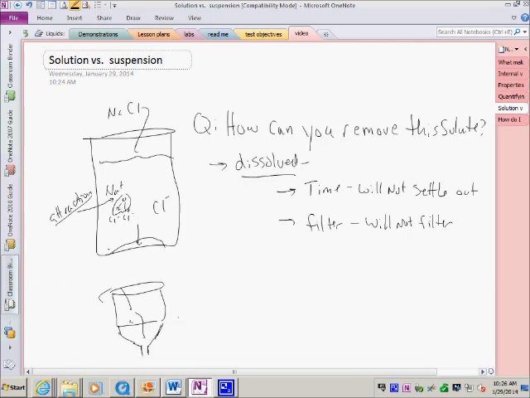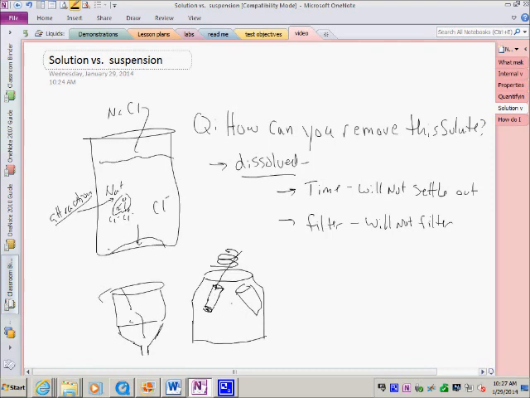Another way which someone else might attempt to separate two things would be what's called a centrifuge. And a centrifuge looks kind of like this. Inside here we have these little tube-like situations, and you could take a test tube and place it in this thing, and it will spin around and around really fast, and anything that's in there that's not dissolved would settle towards the bottom.